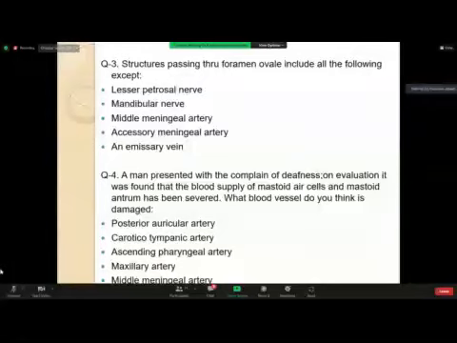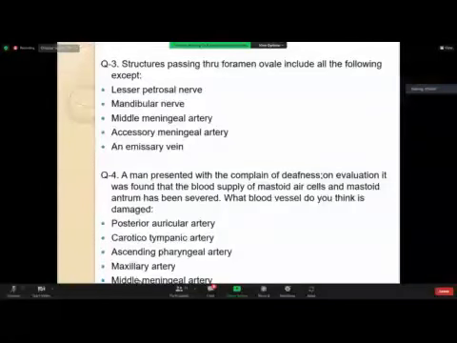A man presented with a complaint of deafness on cells and mastoid antrum has been severed. What blood vessel? तो आपको कौन सी आर्टरी लगती है? Posterior auricular.